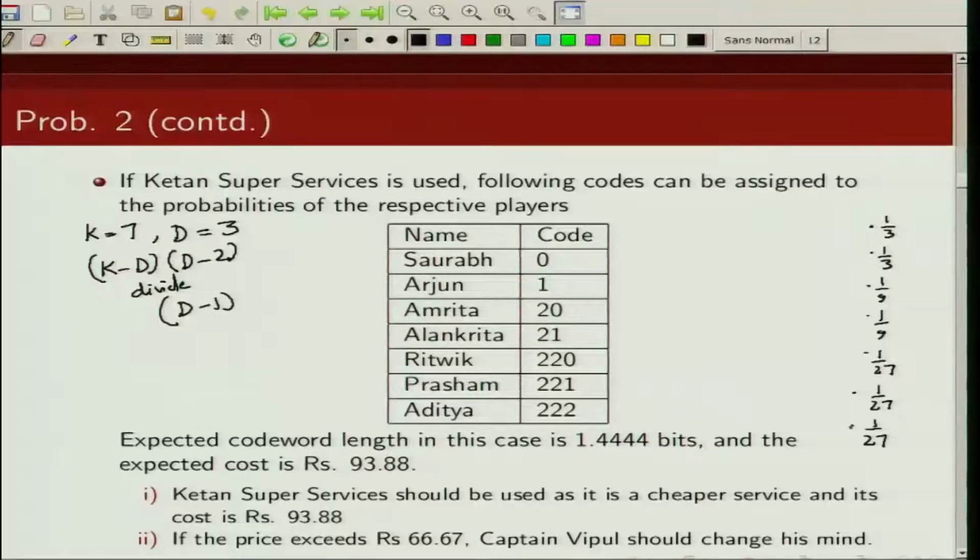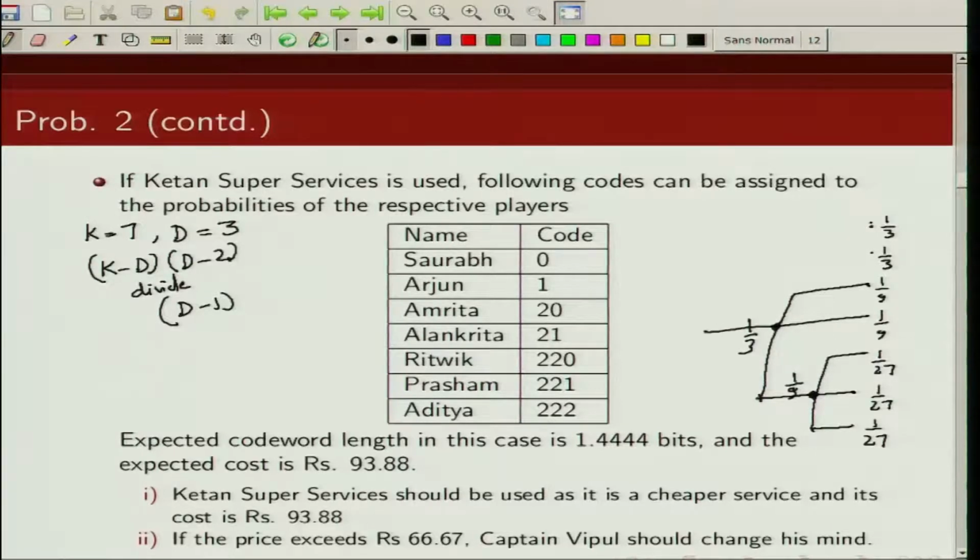So there are no unused leaves if we use this particular source and encode it using ternary Huffman code. So then in the initial stage we are going to combine 3 of these leaves. So these are the 3 least likely leaves. We combine them, and this will have probability equal to 1 by 27 plus 1 by 27 plus 1 by 27, so this probability is 1 by 9. Next we combine this node and this node, and their probability is 1 by 9 plus 1 by 9 plus 1 by 9, that's 1 by 3.